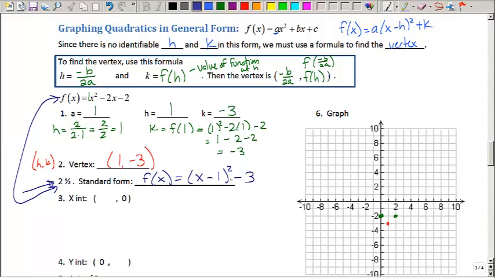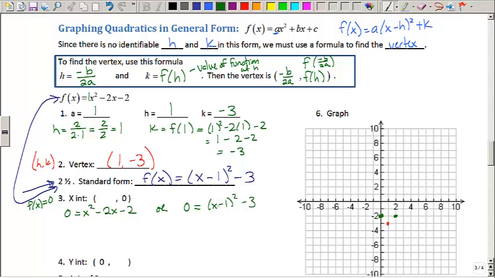Why is this helpful? When I'm trying to find the x-intercept, I have to set f of x equal to 0. Well, I have two f of x's. I can either set 0 equals x squared minus 2x minus 2 and solve this, or I can set 0 equal to x minus 1 quantity squared minus 3. Which quadratic equation would you prefer to solve?